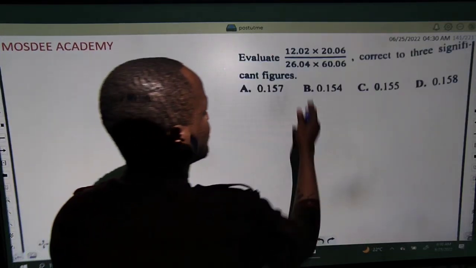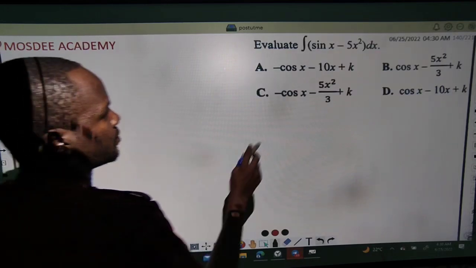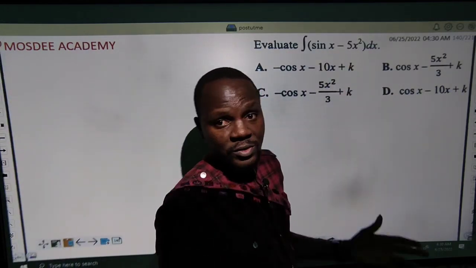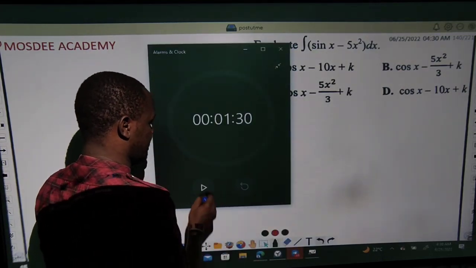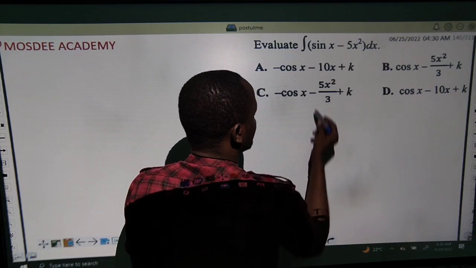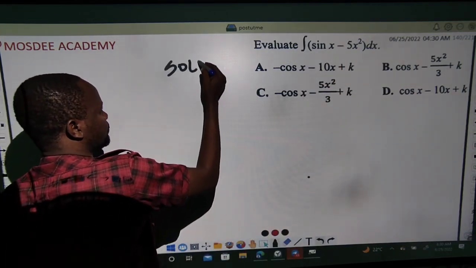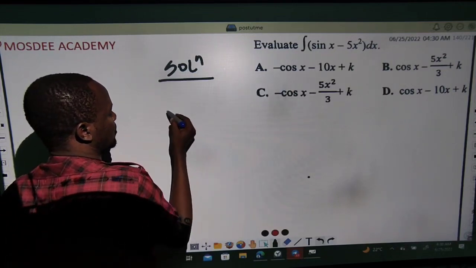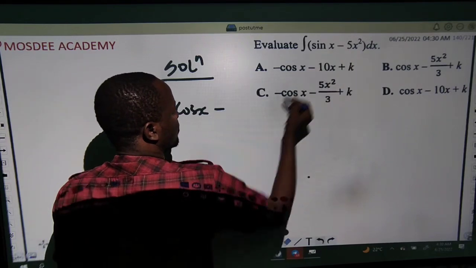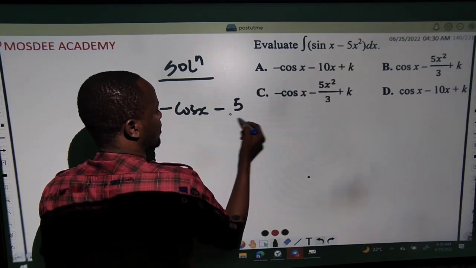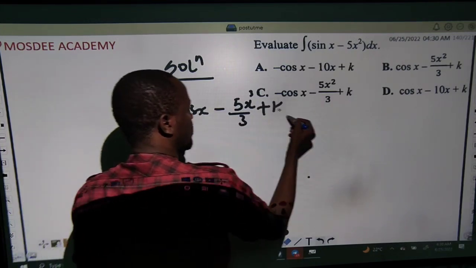Next one. Now the next question is integrate sine 5x minus... These are what you see in Post-Utme. Nobody is wasting your time doing stuff that is not needed. So that's how we do it directly. We've done this many times. The solution to this will be: the integral of sine is negative cosine x, then minus, add 1 to the power, so 5 over 5x raised to power 3 over 3, plus the constant c.